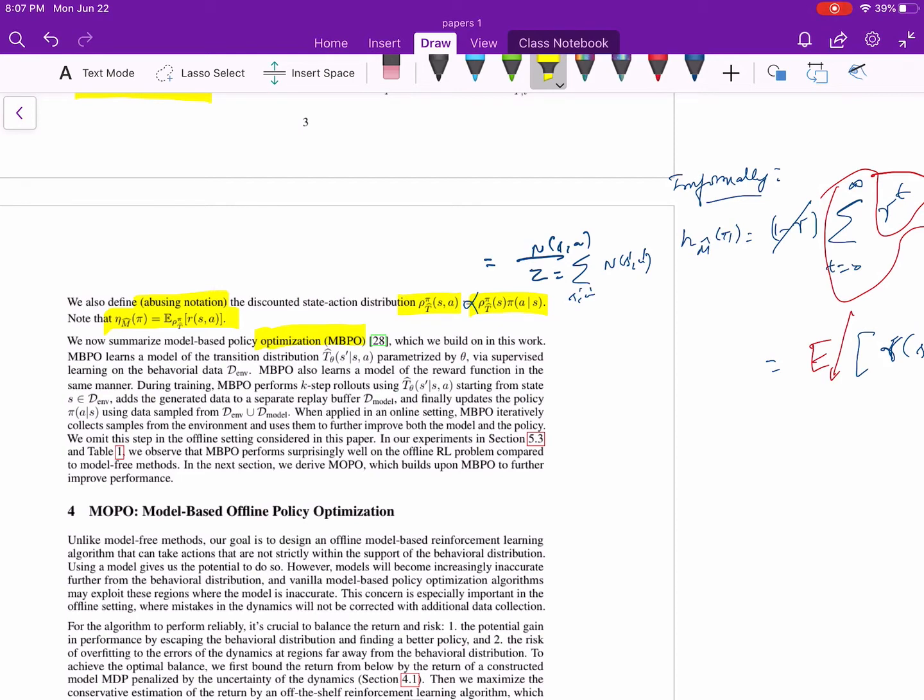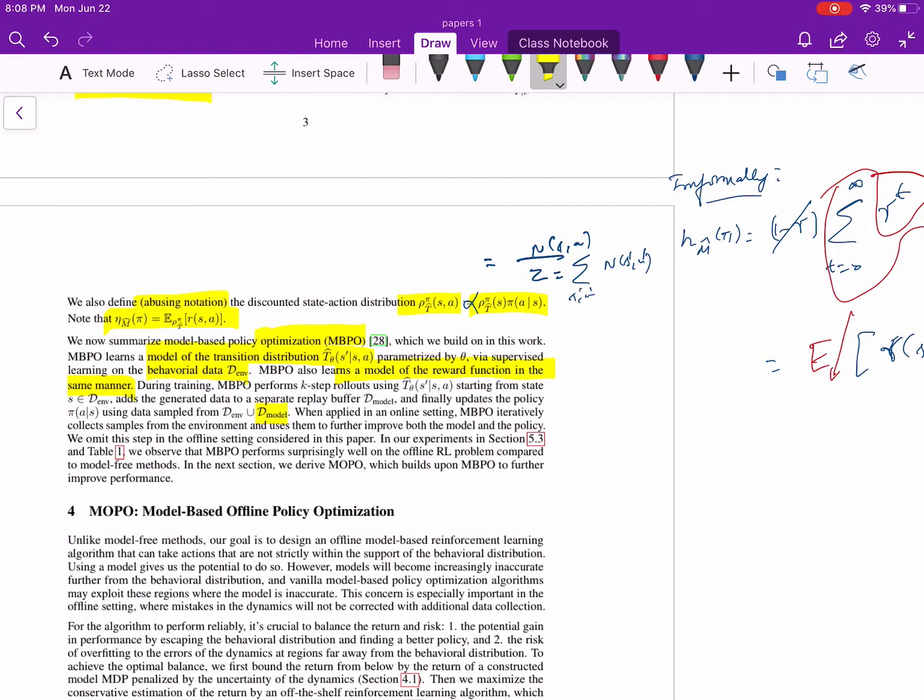MBPO learns a model of the transition distribution, parameterized by theta, from the behavioral data D. It also learns a reward function, which we are skipping here. Usually D model is updated by the learned policy data, and then the loop is repeated.